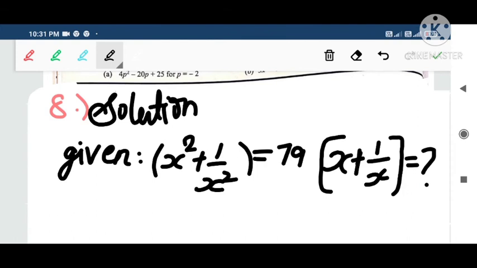So solution: given, x square plus 1 by x square is equal to 79, and we need to find x plus 1 by x.